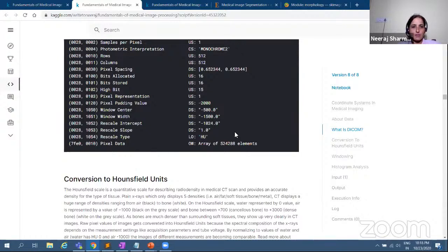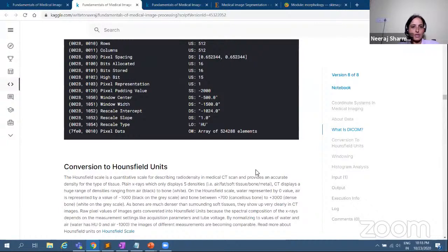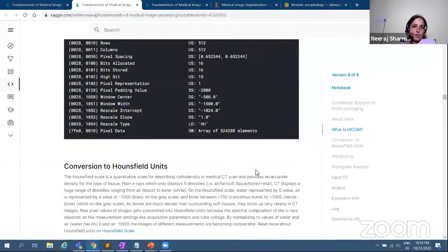To get that transformation from one medium to another, we need to convert the raw pixels, and that conversion is just a plain linear transformation. How we will do that, we will see later, and that conversion is nothing but the conversion into the Hounsfield units. So we will talk later about these two parameters more.